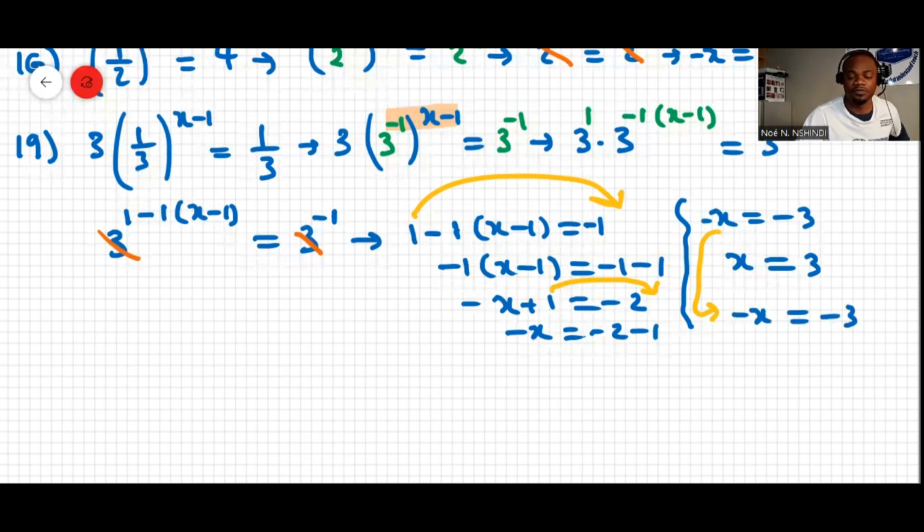What I can do, I'll times here by negative 1, I'll times there also by negative 1. Now, negative 1 times negative x makes x, and negative 1 times negative 3 makes positive 3. So that was the answer.